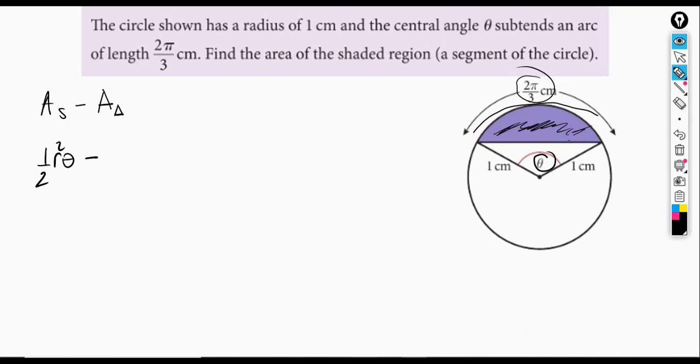And in this case, we need to use the formula for the area of a triangle that we just studied, which was, as you recall, 1/2 a times b times sine of c. Now c would also be, in this case, theta.